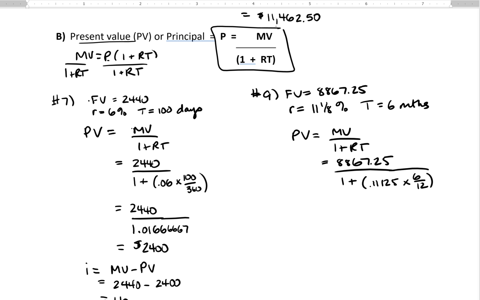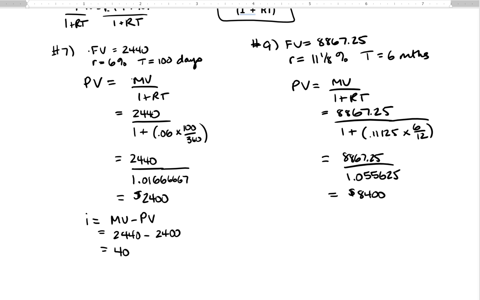Time is always in terms of a year, so 6 months of 12 total in a year. And we just work our way through 8867.25. That goes to 1.055625 for the bottom when you multiply that all out and add it on to 1. And so we get a principal of $8,400.